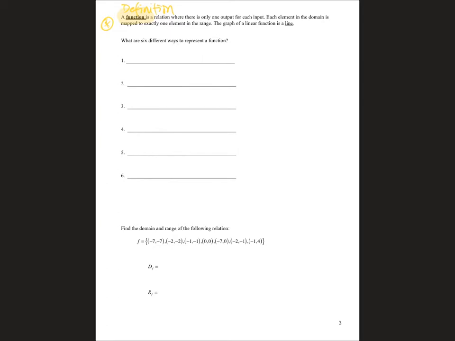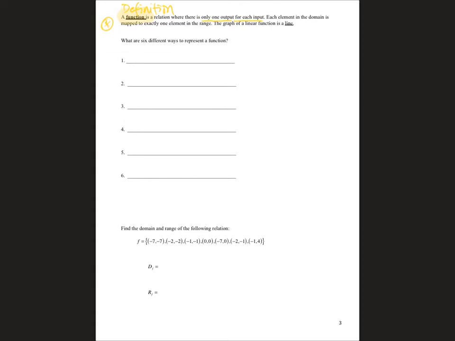You better be able to state the definition of a function. A function is a relation where there is only one output for each input. Every element in the domain, every input value is mapped to exactly one output value, one range value.